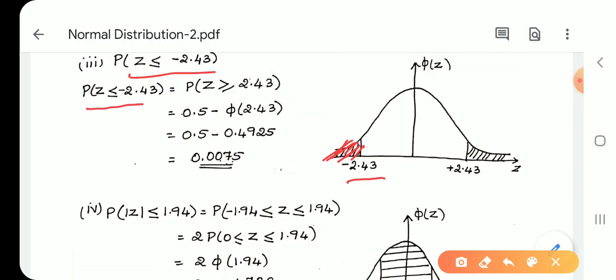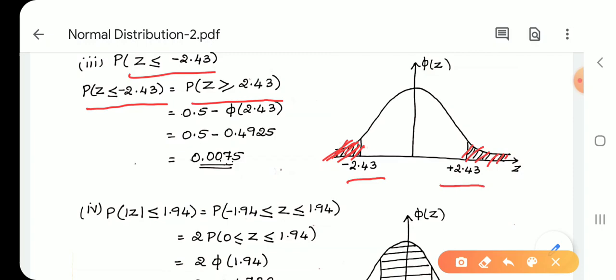So P of z less than or equal to minus 2.43 can now be written as P of z greater than or equal to 2.43. If I mark this positive point, 2.43 lies here. So I have to find the region which is greater than or equal to 2.43.